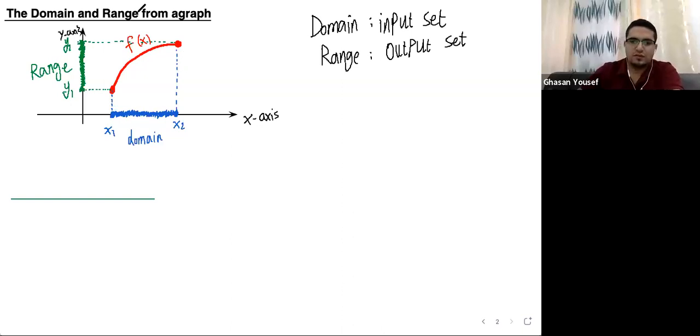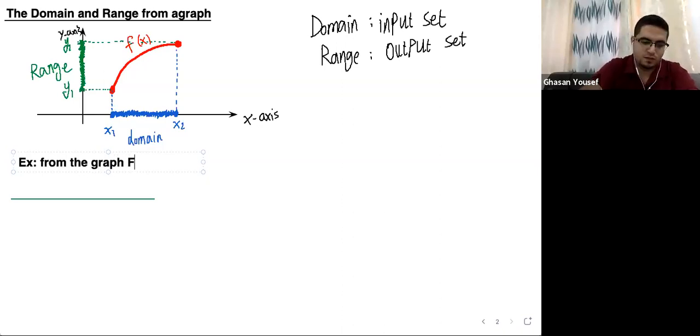So I'm going to give an example if there are no questions. So the example is: from the graph, find the domain and the range of the function.